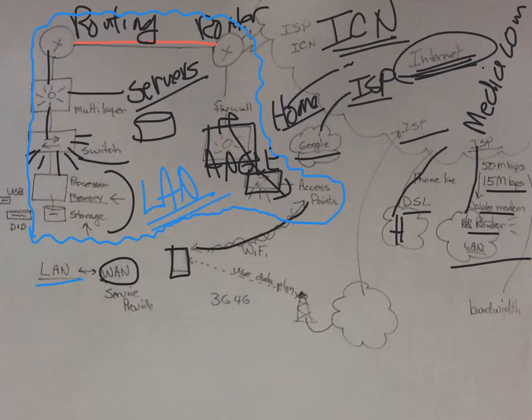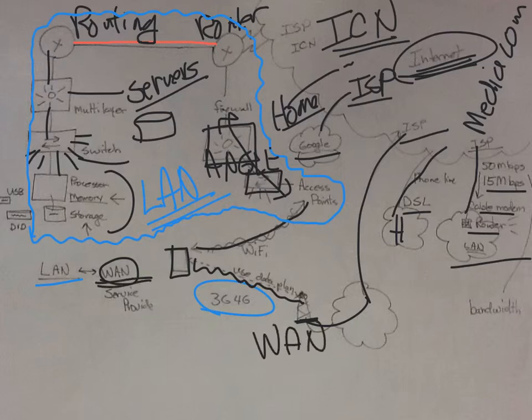Now, another thing we talked about here, should be aware of, 3G and 4G. If you're connected to those, some wave in the air, you're connected to some tower, that's actually then connected into the internet. So you're not going through this local area at all. Yours is more like a WAN. That's some kind of a WAN that allows you to connect to the internet using your 3G or 4G from your phone or tablet or whatever device.